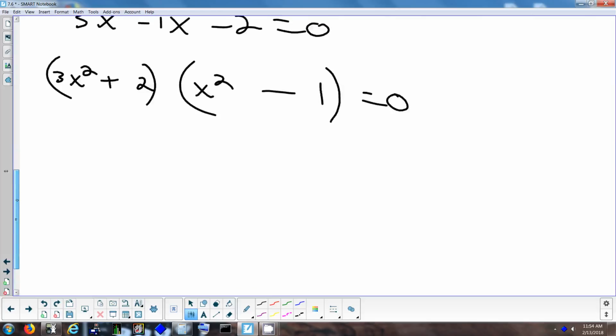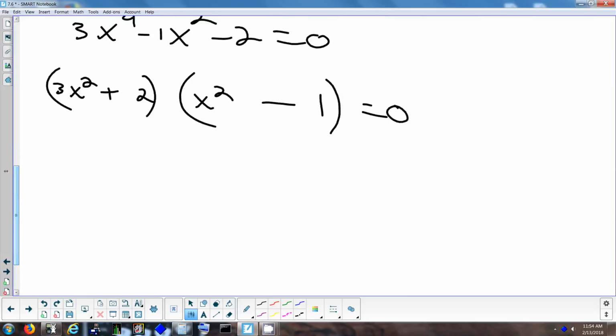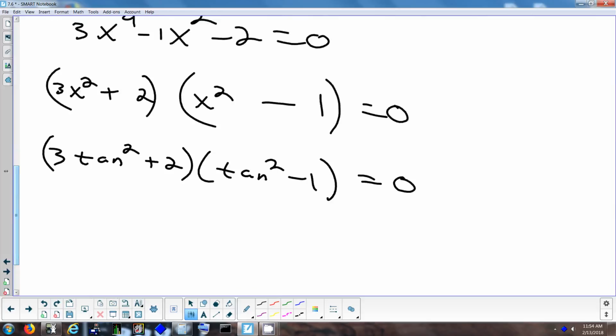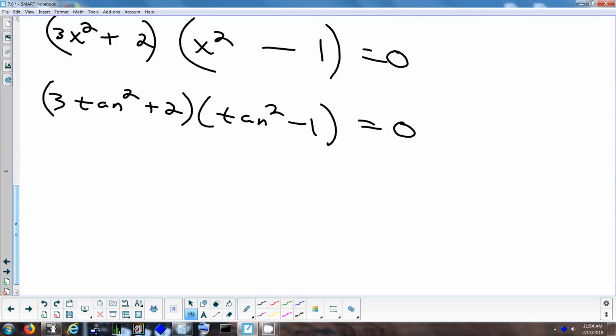Again, this step is not necessary. If you don't want to do it because you can see the trig in your head, that's all right. Just do it that way. So 3 tan squared plus 2 times tan squared minus 1. What do we do with each one of those? Set them equal to 0. 3 tan squared plus 2 equals 0.